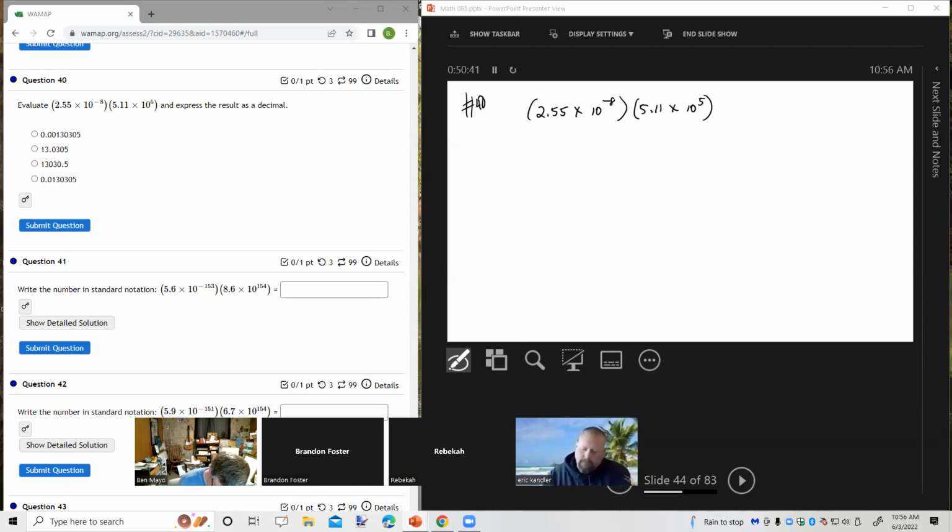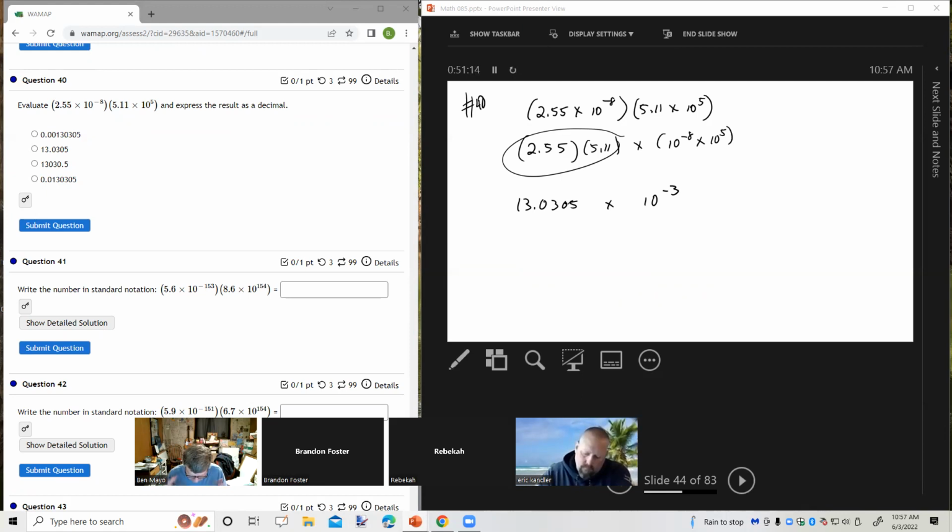All right, so 2.55 times 5.11, and then times 10 to the negative 8 times 10 to the 5th. Let's do this first part. 2.55 times 5.11 is 13.0305, and then times 10 to the negative 8 plus 5 would be negative 3.